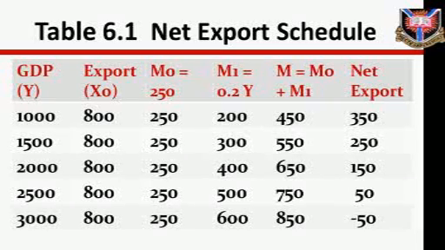When GDP is 2,500, export is 800, M0 250, M1 500, M0 plus M1 750, net export 50. When GDP is 3,000, export is 800, M0 250, M1 600, M0 plus M1 850, net export minus 50.